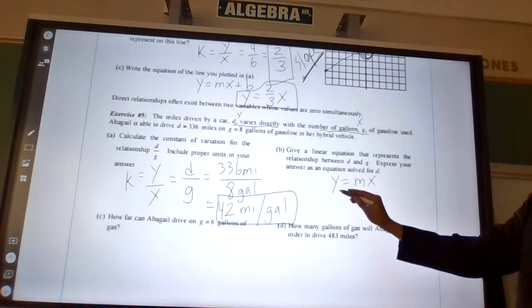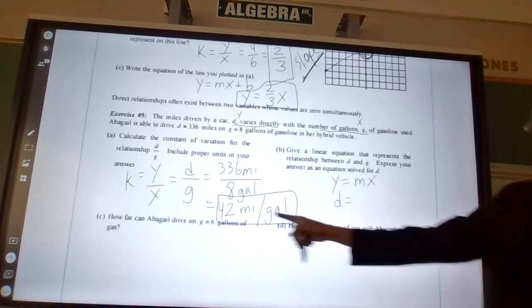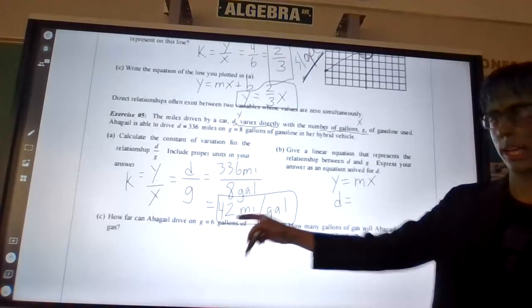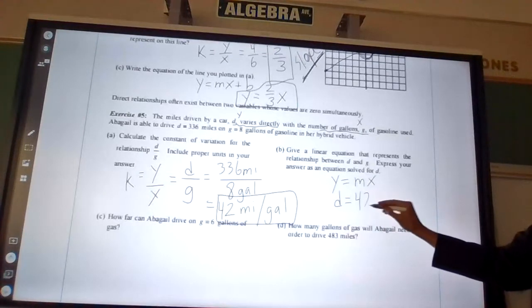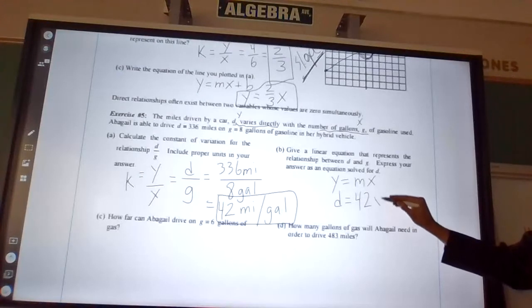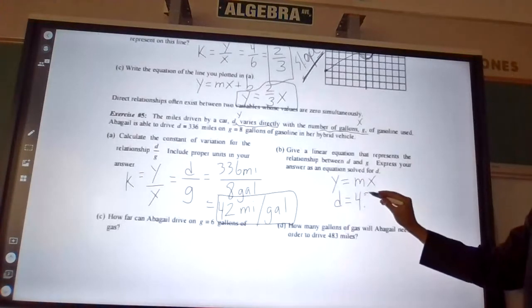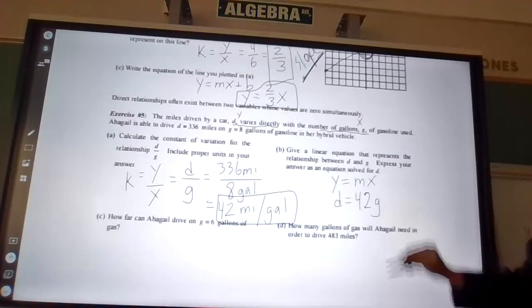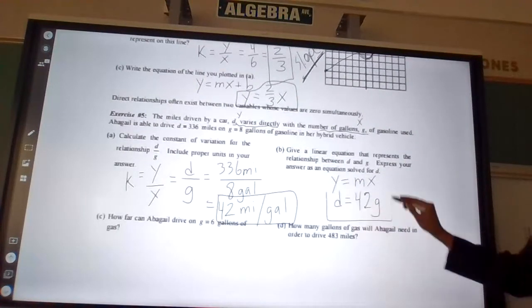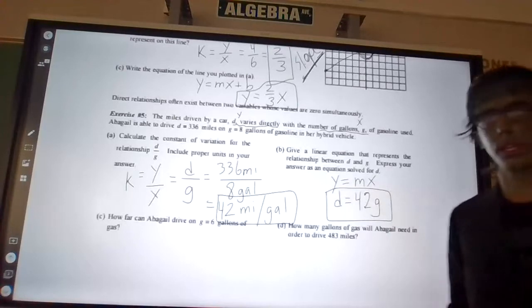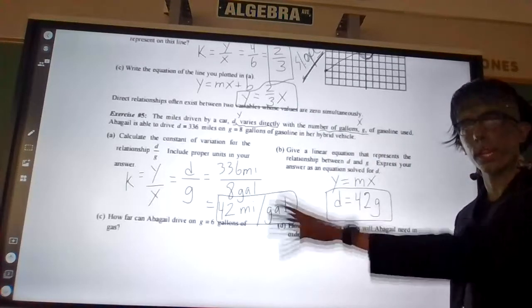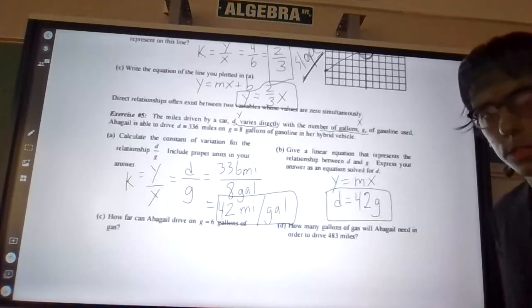Now I know that y is my d, m is my constant of variation, which is 42, and g, oops, as I say g, I write x. G is our x. So this is our linear equation that represents this situation: D equals 42g.